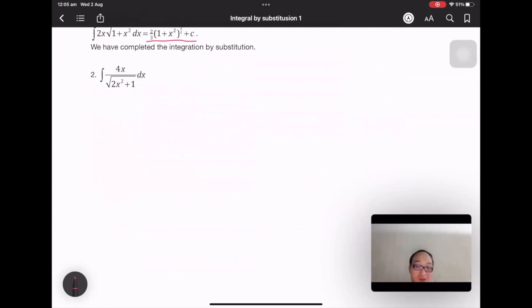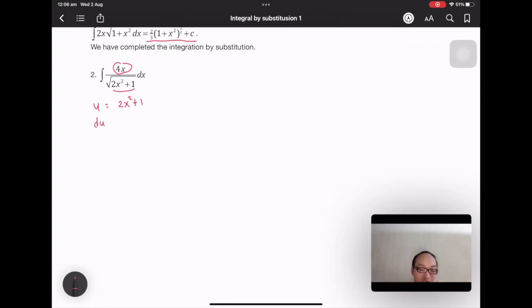Number 2, integral 4x over square root of 2x squared plus 1 dx. We can see that 4x is the derivative of 2x squared plus 1. So u is 2x squared plus 1. Do not take the power, the square root, the power of half. Do not take it. Just take the function inside.